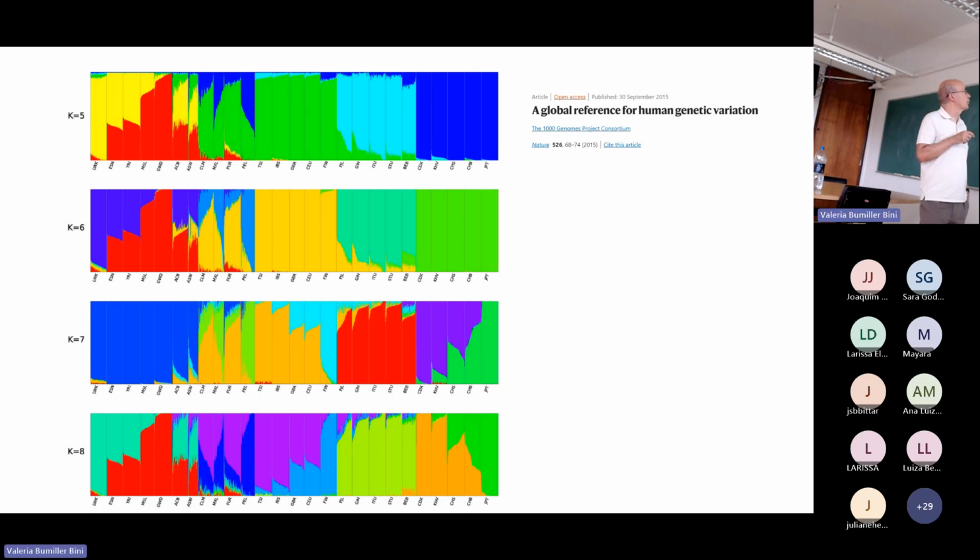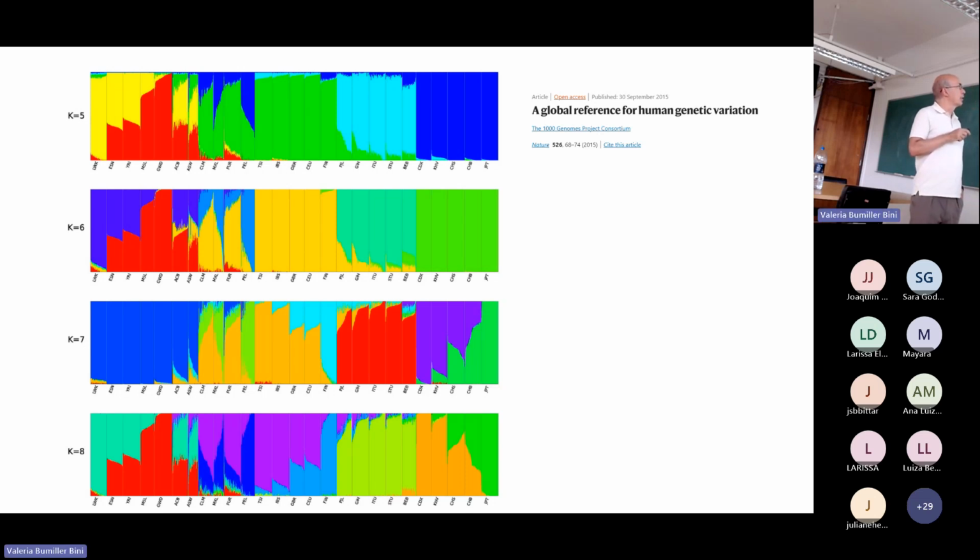These individuals from Nigeria would have a probability of almost 50% of belonging to the yellow or the red population. Here we get to Gambia, and they are mostly red.